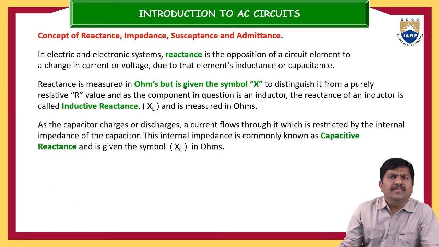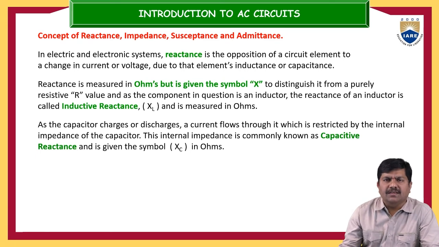As we discussed in the beginning of today's lecture, alternating quantities find additional opposition when compared with DC quantities. DC quantities only get opposition because of the resistance of the line.